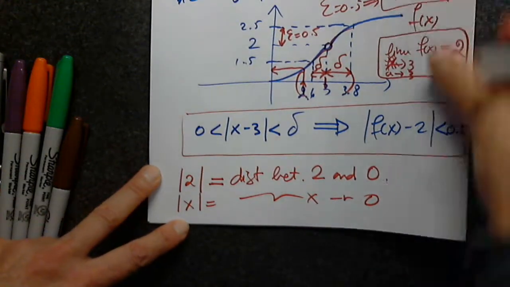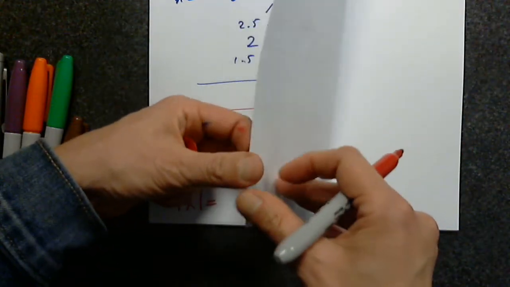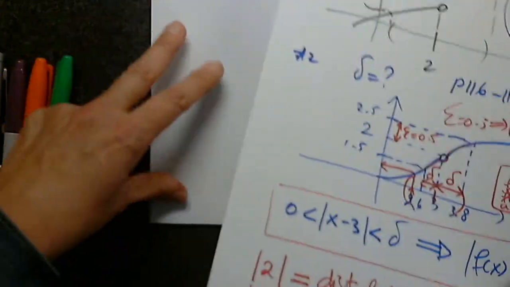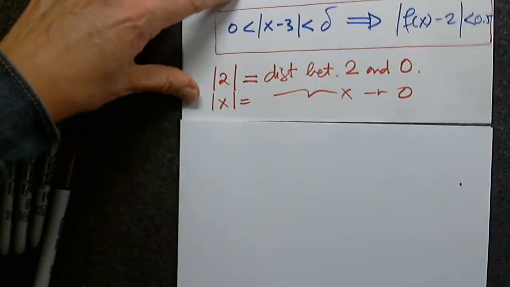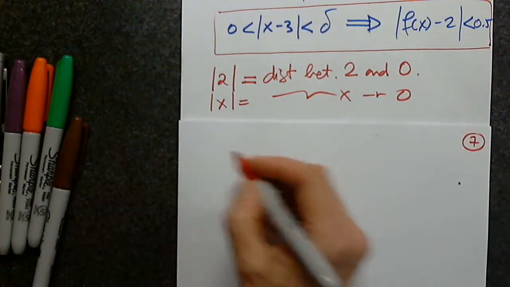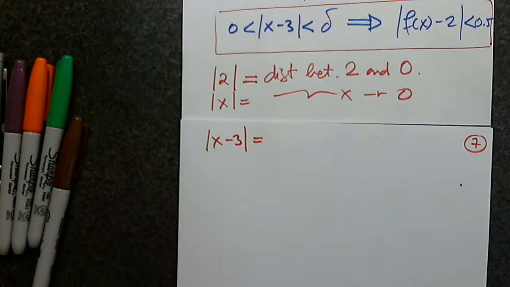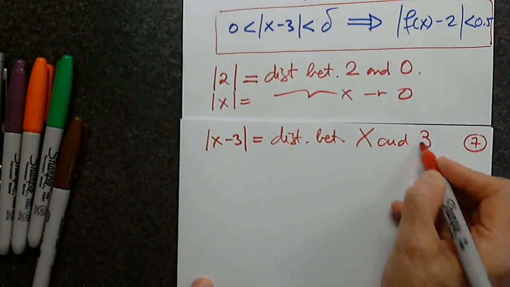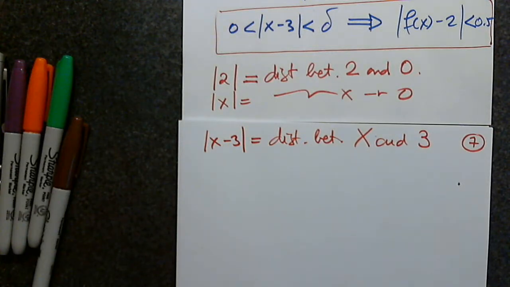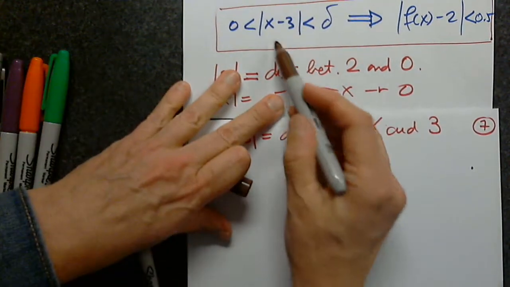But now stay with me, and I'm going to ask you, what is x minus 3 in absolute value? The distance between x and 3. Awesome. The absolute value of x minus 3 is nothing else but the distance between x and 3. So for now, we deciphered this piece.